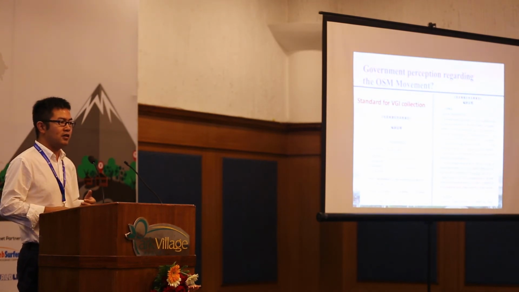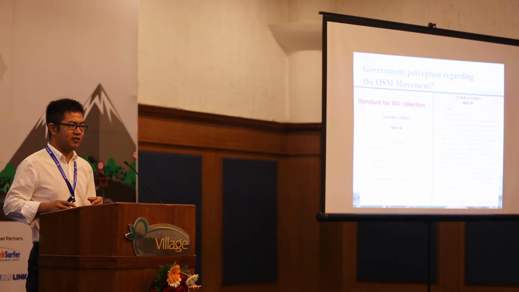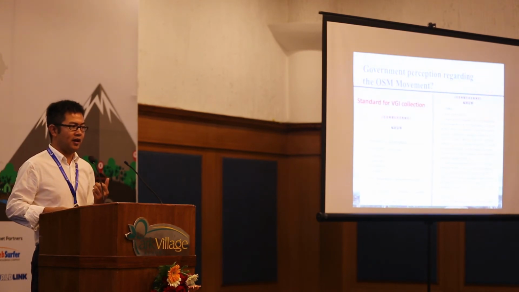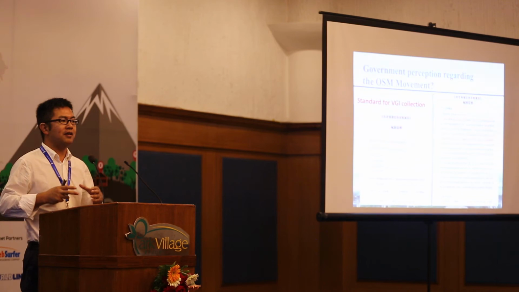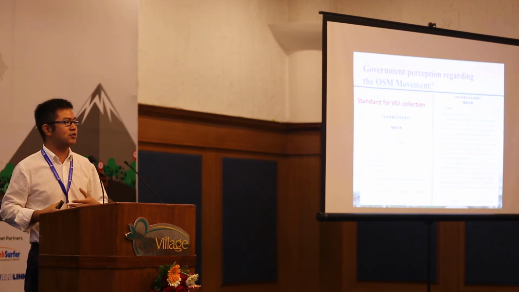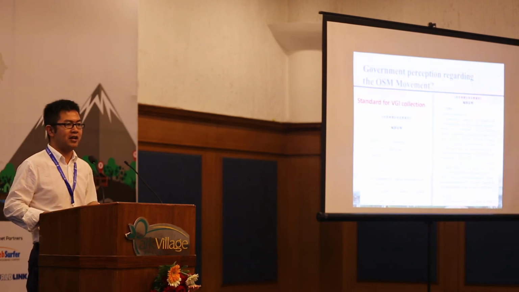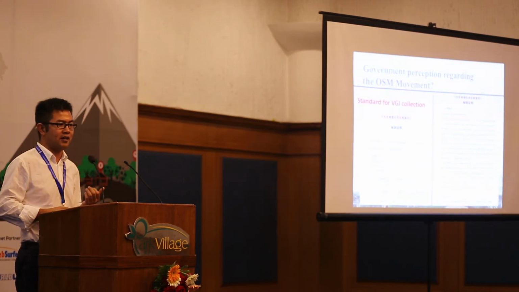So it's allowed to collect VGI data in China, but not with high-accuracy GPS antennas. You can use a mobile phone or any mobile device to collect VGI data.